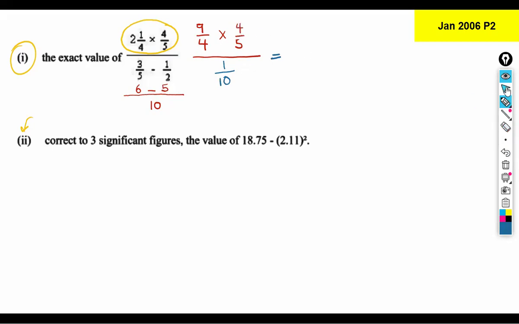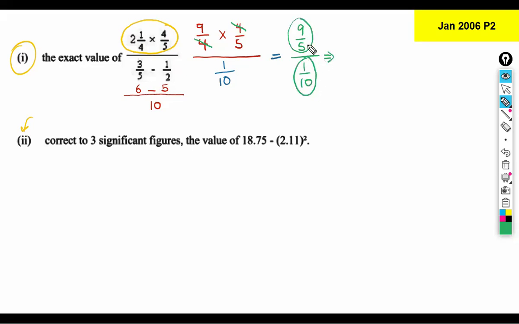The top is really easy to simplify. I think you all can see that the 4 and the 4 are going to cancel out. So you get 9 on 5 divided by 1/10. So how do you work this out? You have a fraction divided by another fraction.